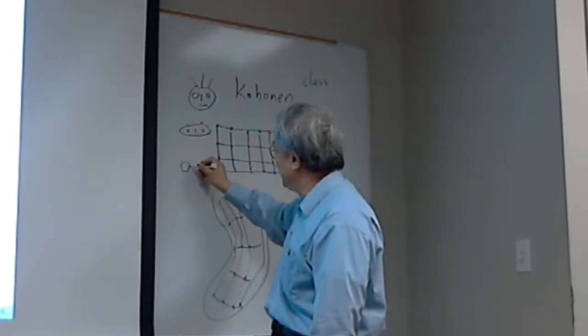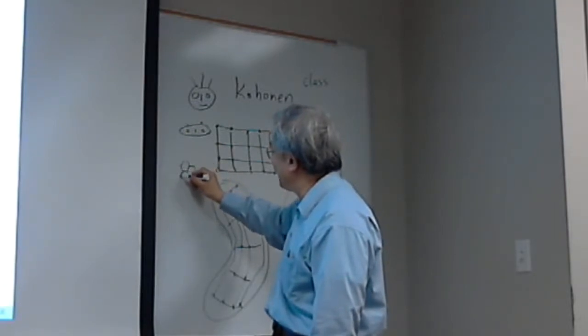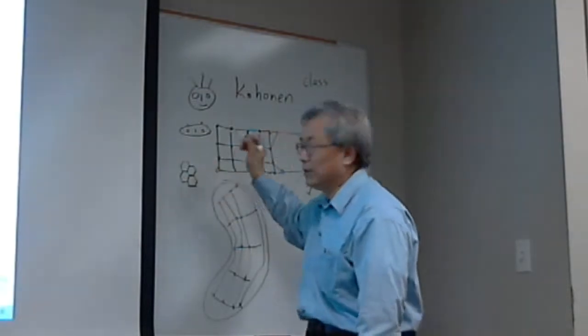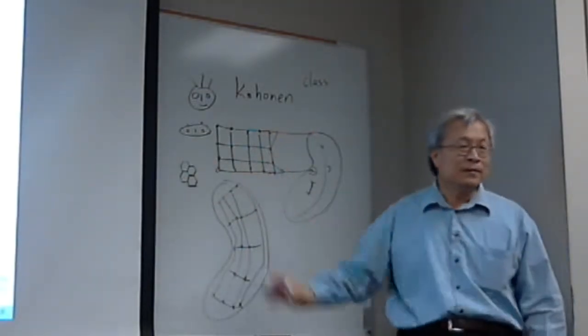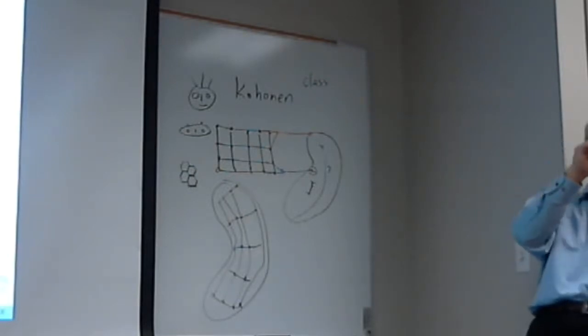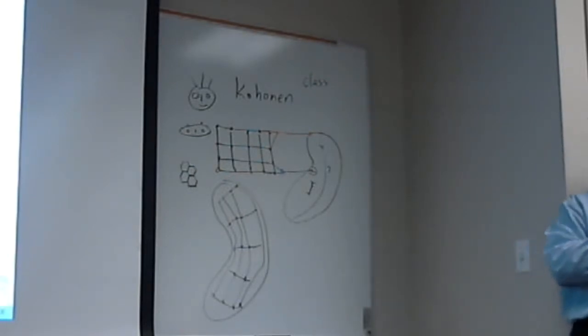I'm not really good at drawing this, but this is more like hexagonal. This hexagonal grid, of course, would be easier to represent with just a circle. So there's a different way of representing this grid.